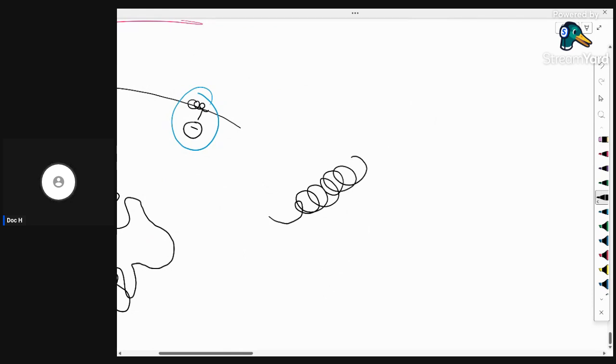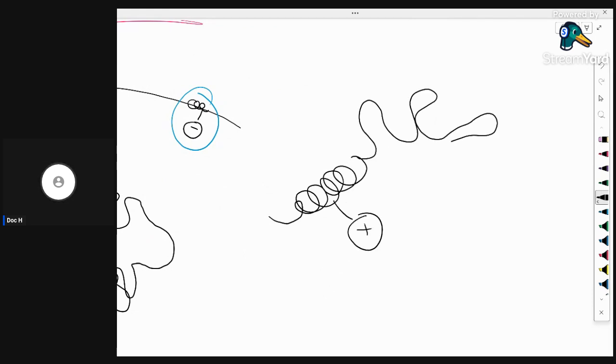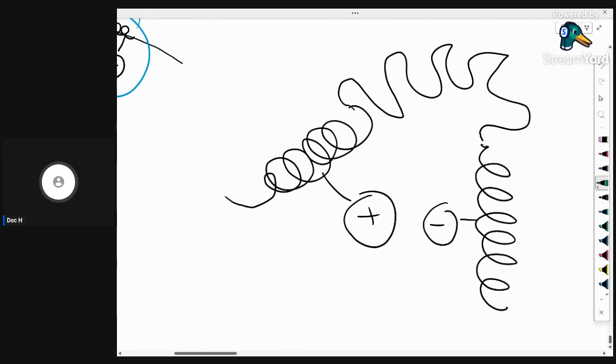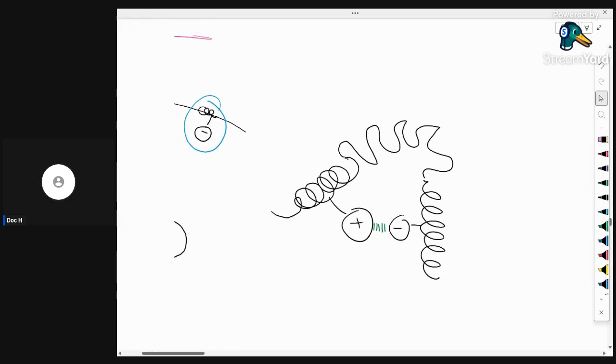So you'll end up with it looking like this. You've got your alpha helix here with your positive amino acid R group. You've then maybe got all your beta sheets. Oops, that's really bad, beta sheets. And you then have your other alpha helix with your negative R group, and they're interacting via an ionic bond.